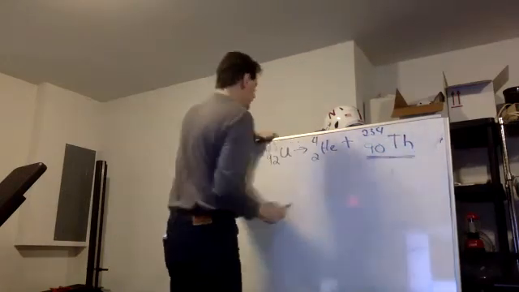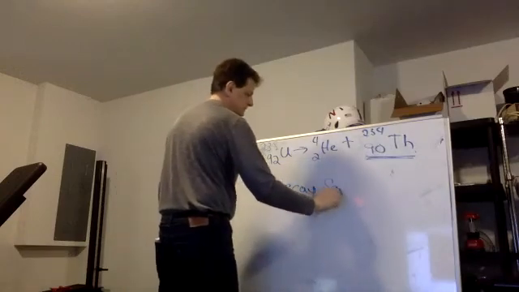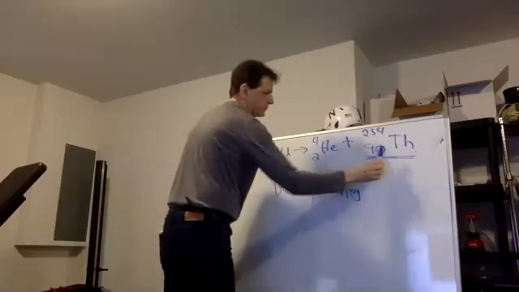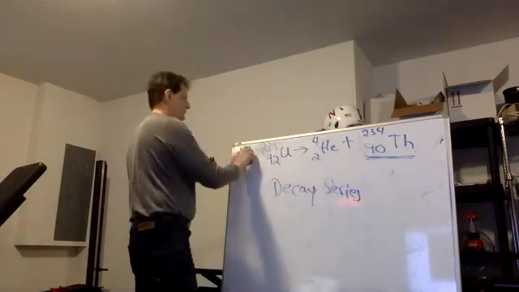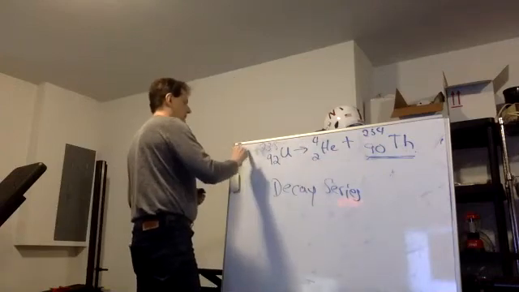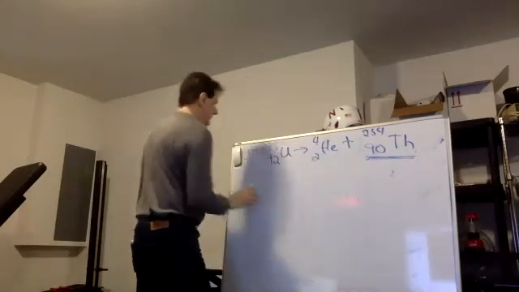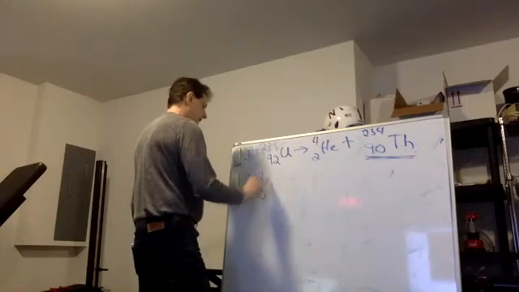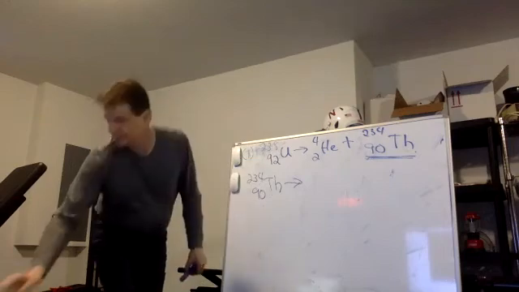And in a decay series, what happens is you take the product from the first process, that gets used in the next step. So this is step 1 of a decay process. And in the next step, we take that 234.90 thorium, and that undergoes a decay process.